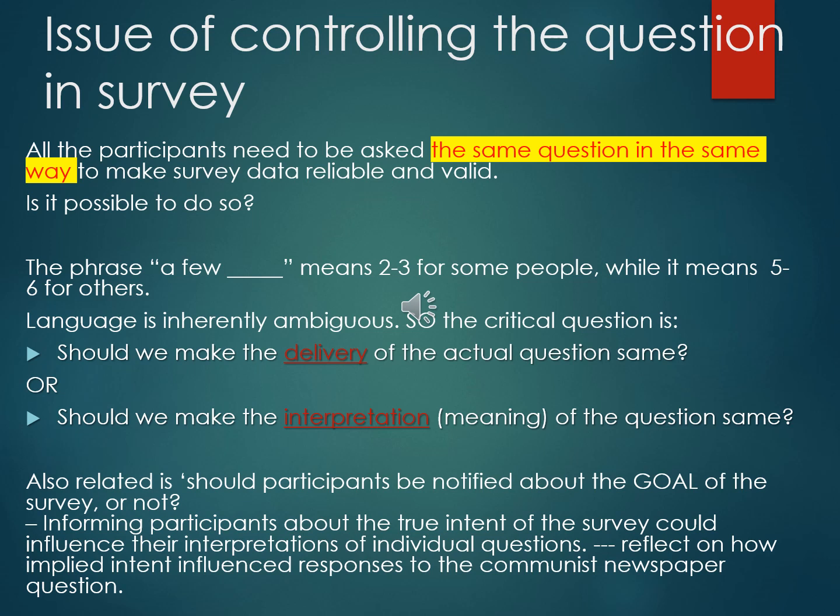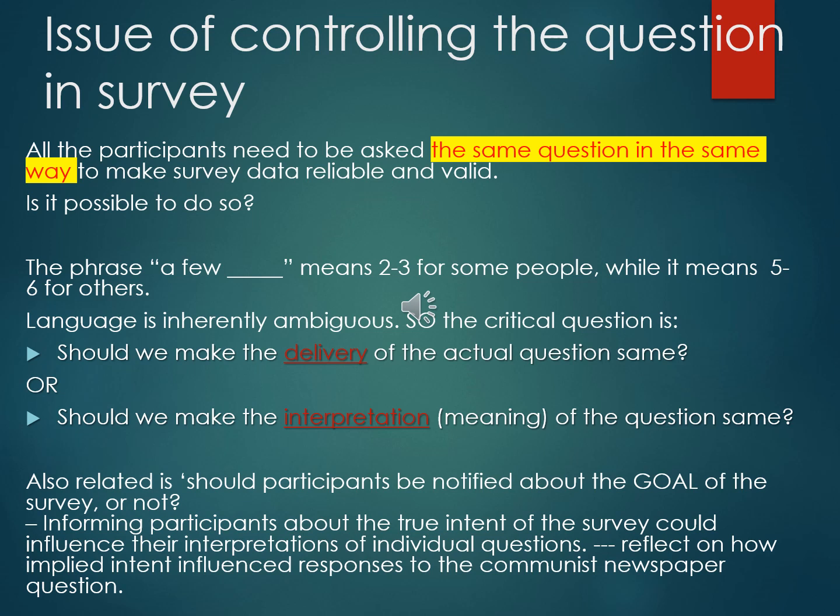That's an assumption. Otherwise, people's responses across different survey occasions are not comparable and cannot be treated in the same way. However, is it possible for all people to interpret the question in the same way? So this leads to the big question.